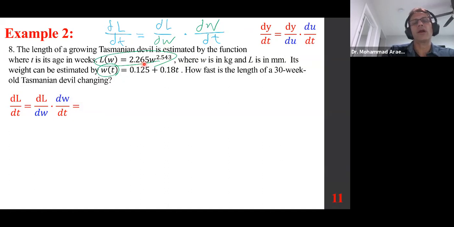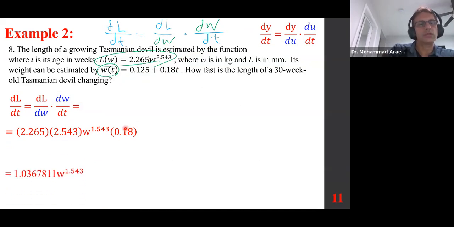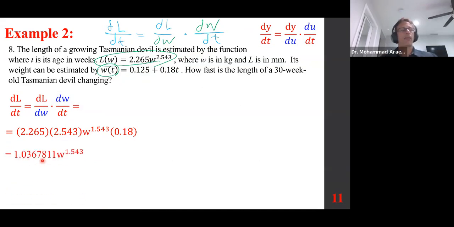So 2.265 times 2.543, W to the power of 1 has to be subtracted from this, 1.543. dW/dt is just 0.18. The derivative of this one with respect to time is only 0.18. And so multiplication of this number and this number and this number will result in this number. Again, I'm showing a lot of decimals. You really don't need that many because everything is an estimate, but just in case.